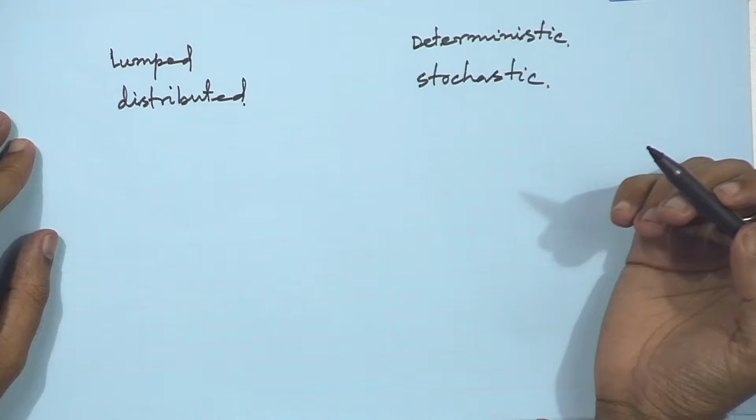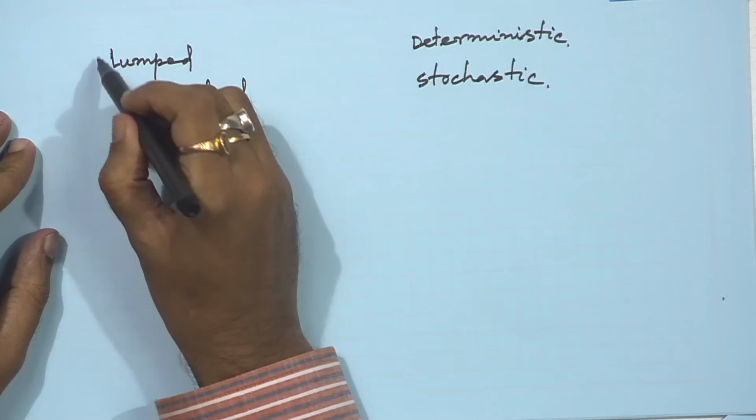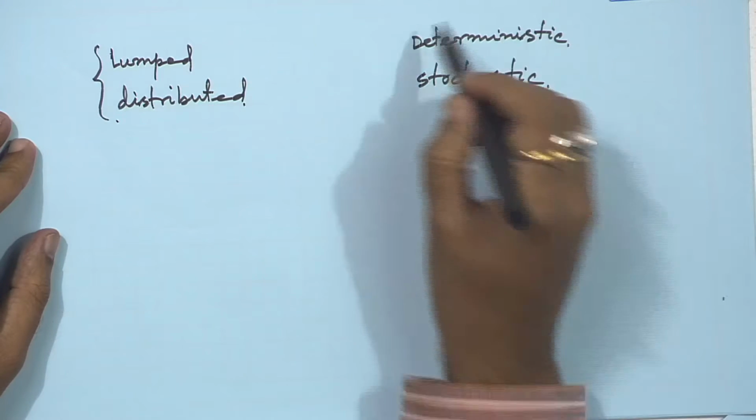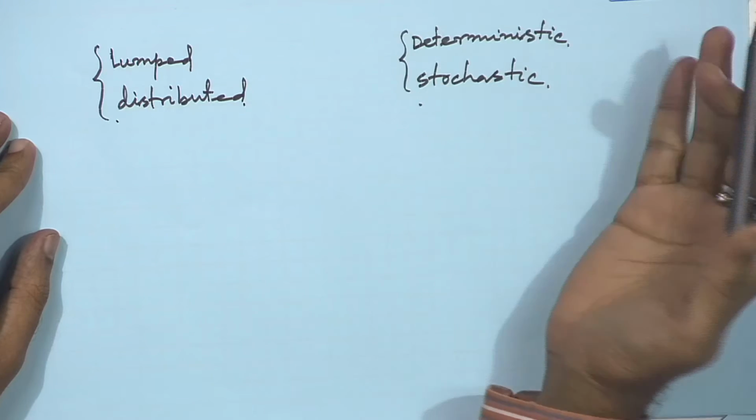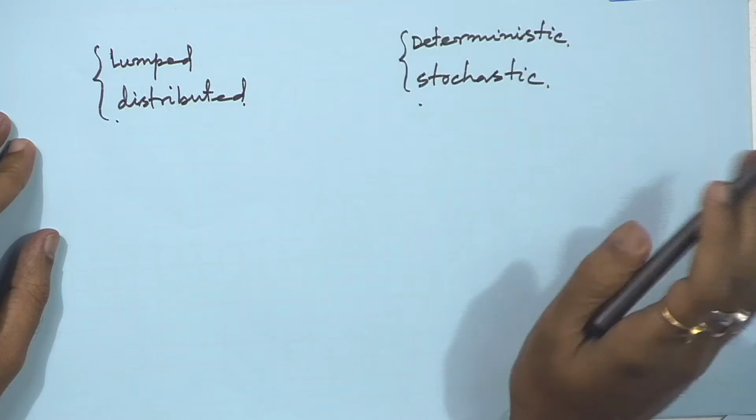Okay. So, what is lumped and what is distributed, and what is deterministic, stochastic? Any idea?